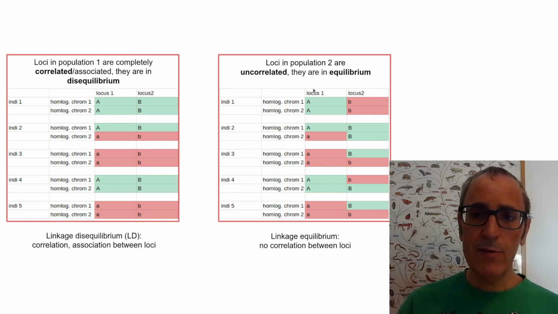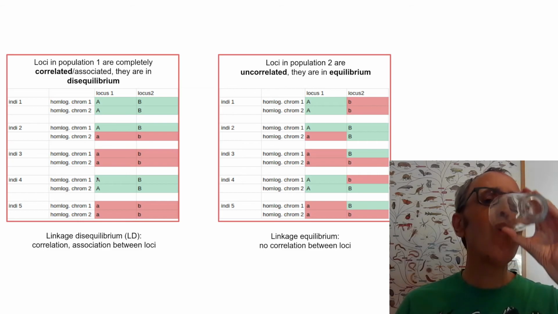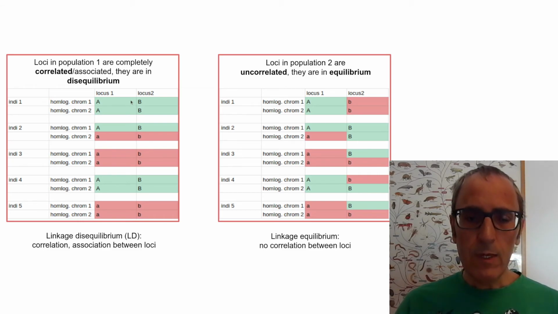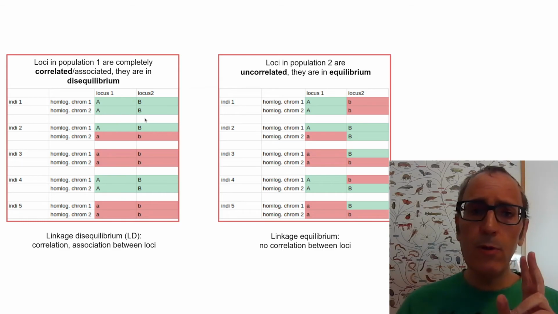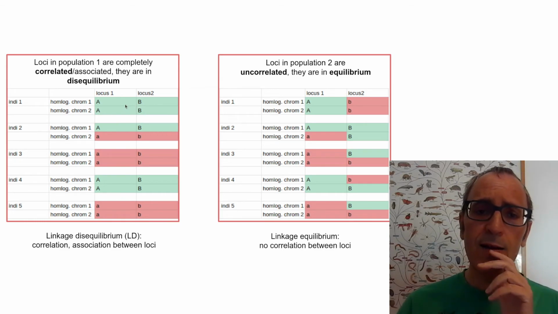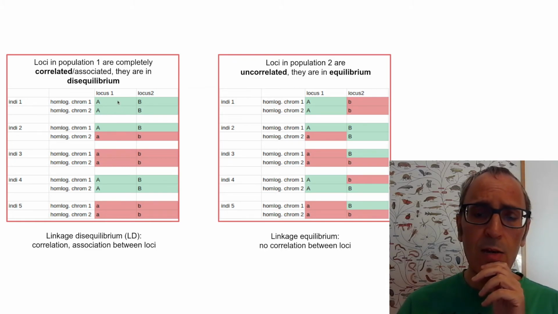Here, we have two different populations. In the first population, the genotypes for both loci are highly correlated. If we know the genotype for one locus, we know the genotype for the other locus, okay?